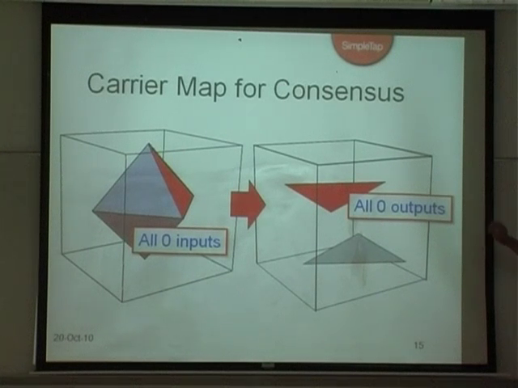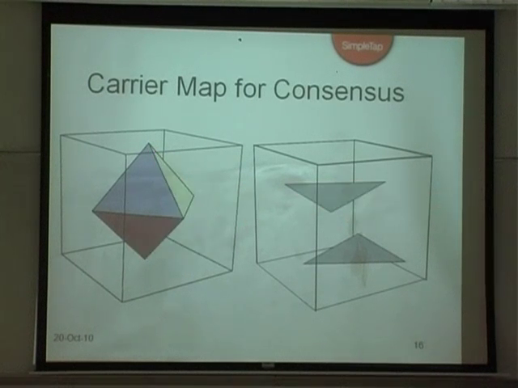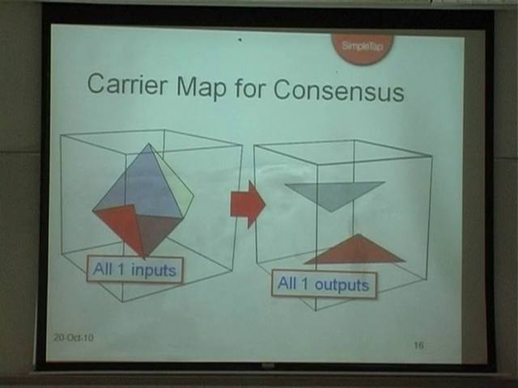So if you start out on this particular triangle, you have to end up on the top triangle. If you start out on the all 1 input, which is obscured by the 3D picture here, then of course you have to end up on the bottom triangle. Because all the inputs are 1, that's the only possible value you can decide.